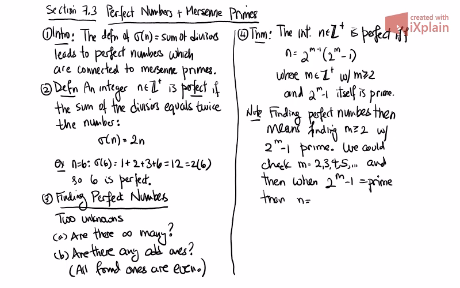Then n equals 2 to the m minus 1 times that prime that we just found. This is not feasible because, of course, you need to check if 2 to the m minus 1 itself is prime. So there's a little bit of work there. But for an example, when m equals 2, it works.